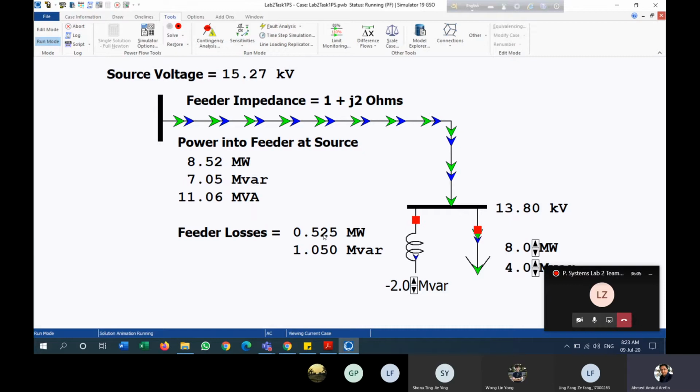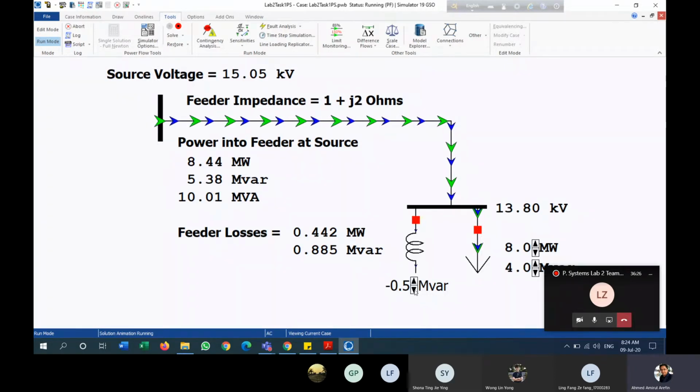One of the scopes is that once you install the shunt reactor, you can control the sending end voltage, which is the source voltage, and also you can control the transmission line here.